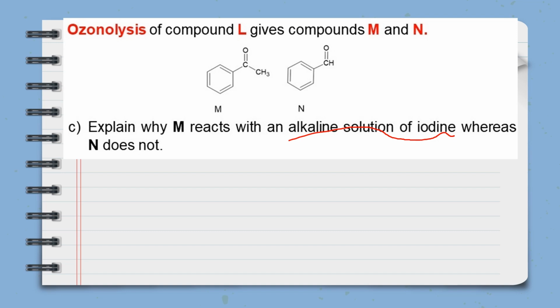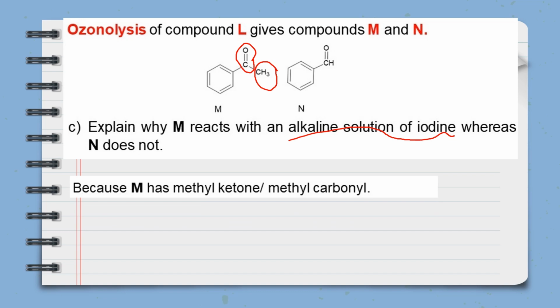Look at M here. M has a C double bond O bonded to a methyl group, so this is a methyl ketone. That's why M gives a positive result with the iodoform test, while N does not. This answer gives you 1 mark.